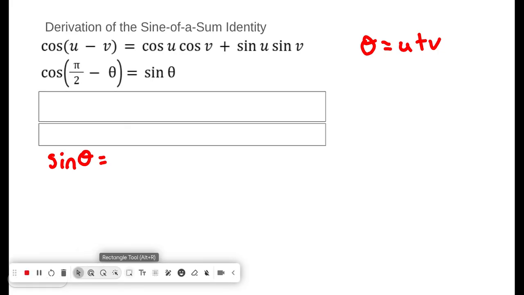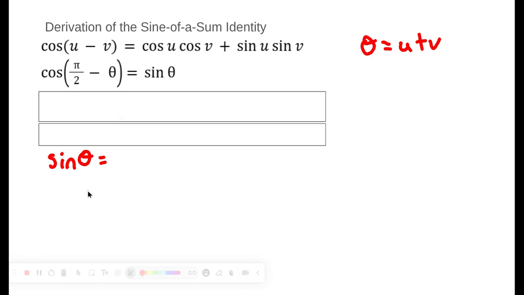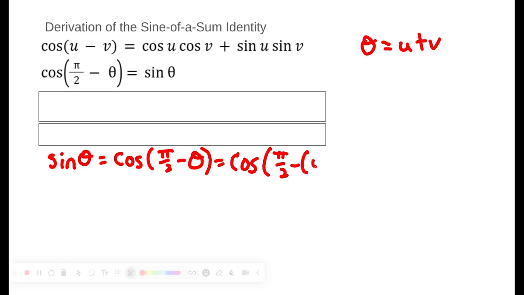The sine of theta is equal to the cosine of pi over 2 minus theta. And now we're going to say that theta is u plus v, so this is the cosine of pi over 2 minus (u plus v).